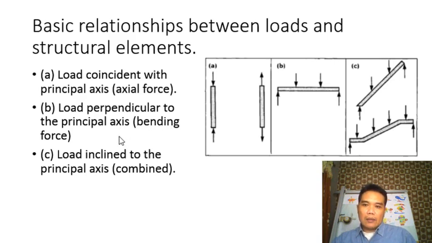But in between, we have load inclined to the principal axis. It's a combination of these two, A, axial force, and B, bending force. So in the building, we'll have this kind of combination load in some parts of the building.